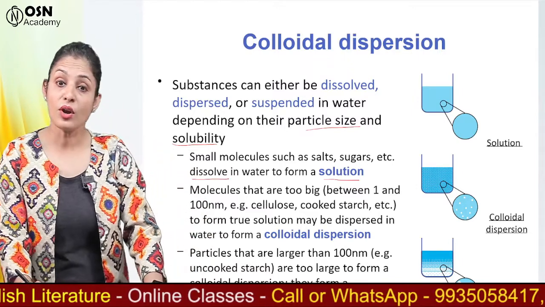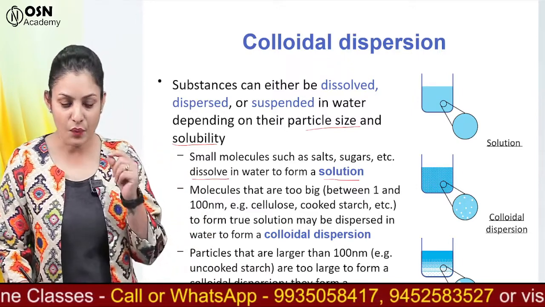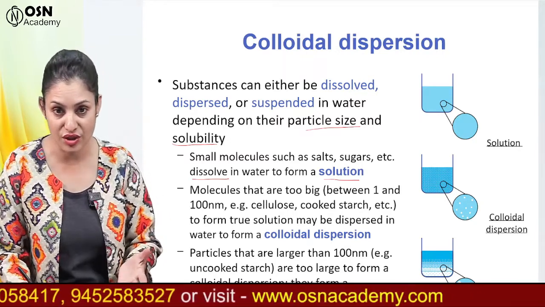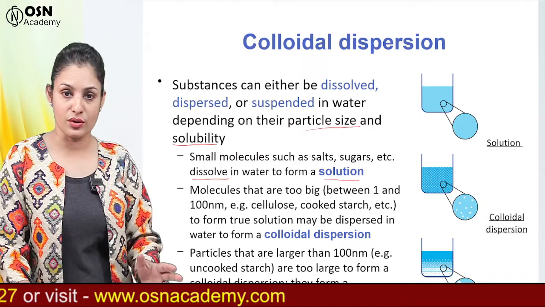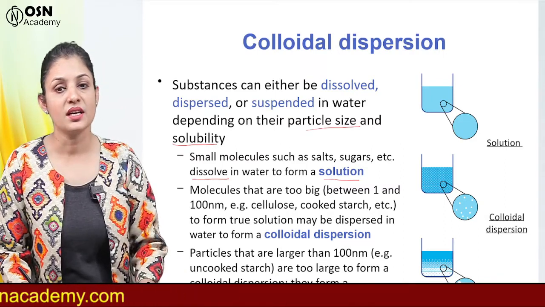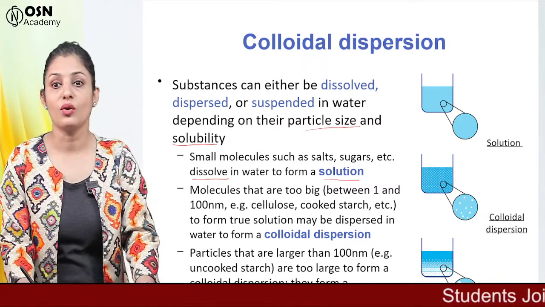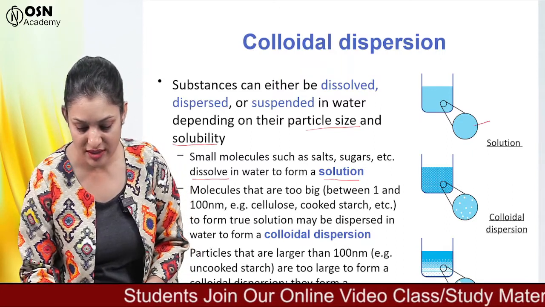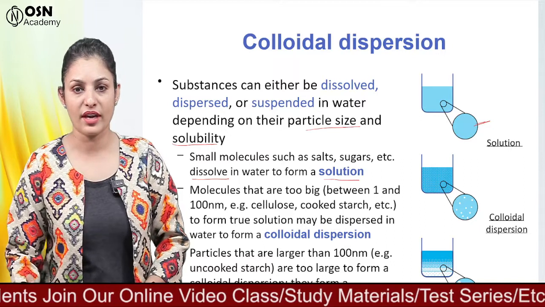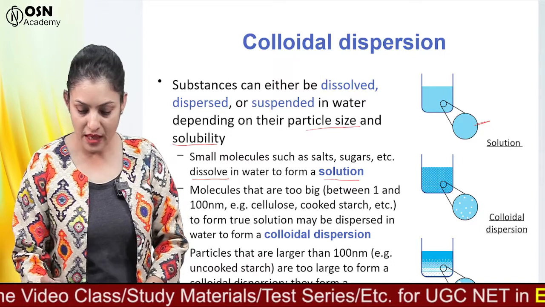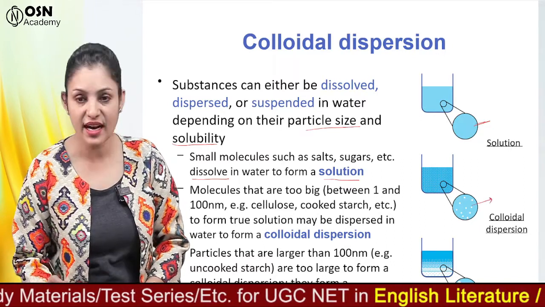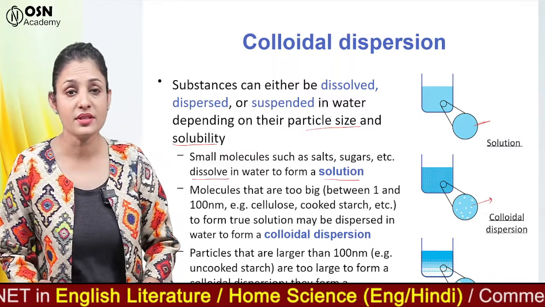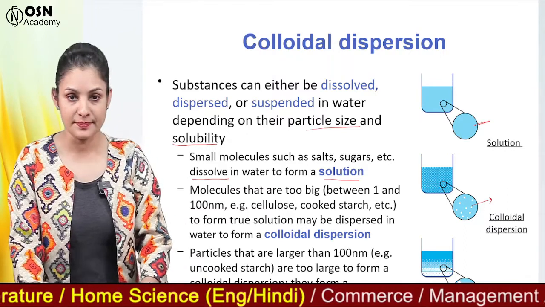Molecules that are bigger, between 1 to 100 nanometers, like cellulose or cooked starch, which cannot form a true solution, may be dispersed in water to make a colloidal suspension. So in a solution you're not seeing any molecule of that substance, but in a colloidal dispersion you can see small particles of that substance because the molecules are a little bigger.